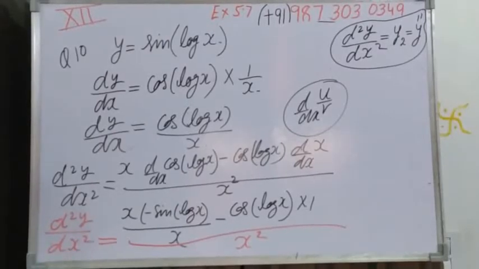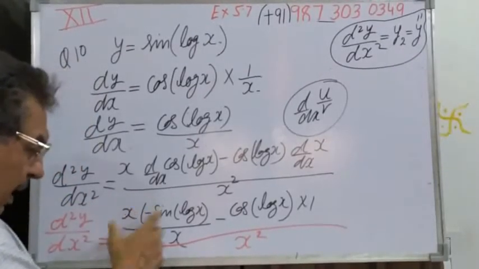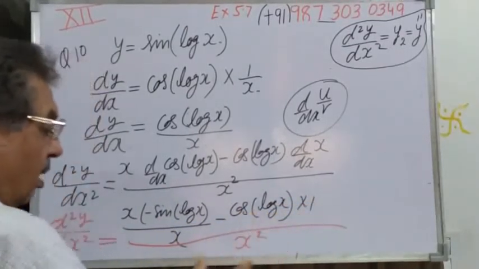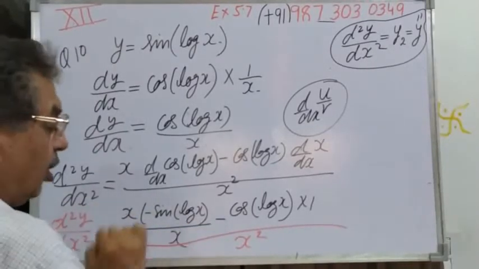Now we are supposed to simplify a little bit, because this is x times the bracket, minus sine log x upon x, and the whole is divided by x square. So it is better first of all to take the LCM in the numerator.